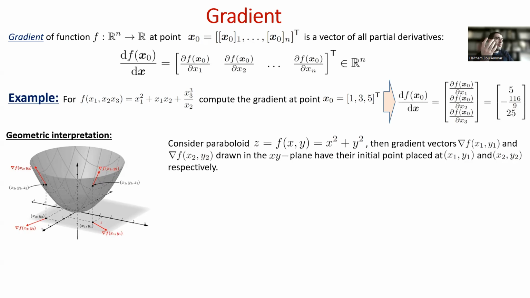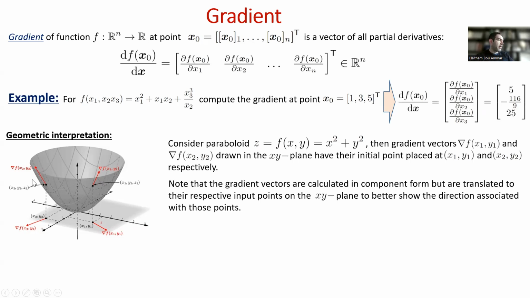So the gradient can now be recognized if we consider this paraboloid case, which is a second order surface in three-dimensional space, z equals x squared plus y squared. Then we can compute the partial derivative with respect to each component, here x1 and x2, these two, because it's a two-dimensional case.